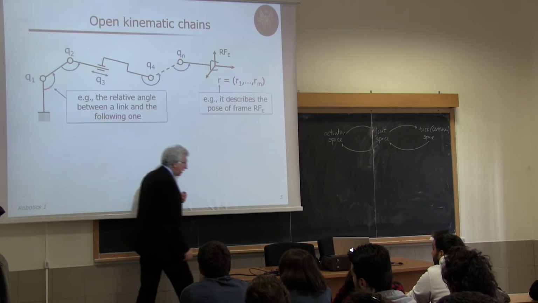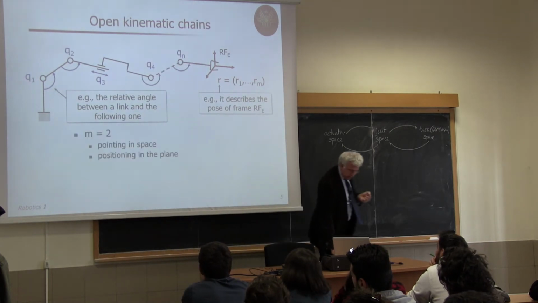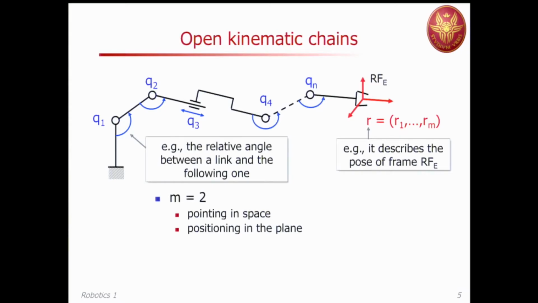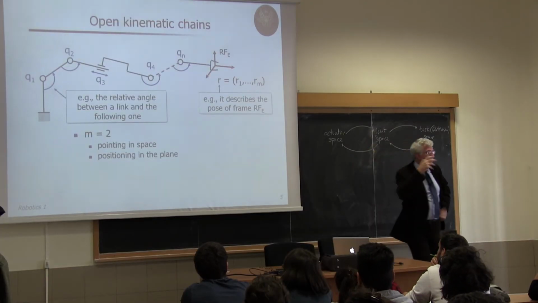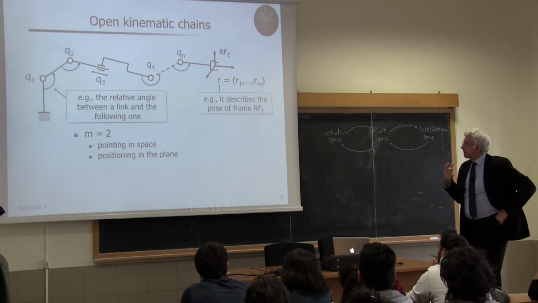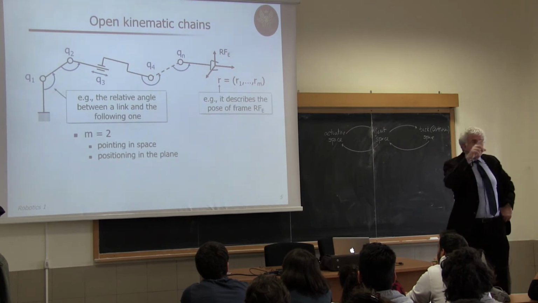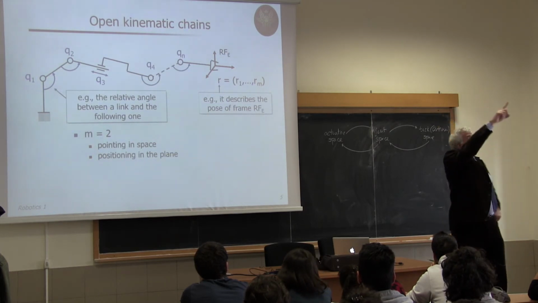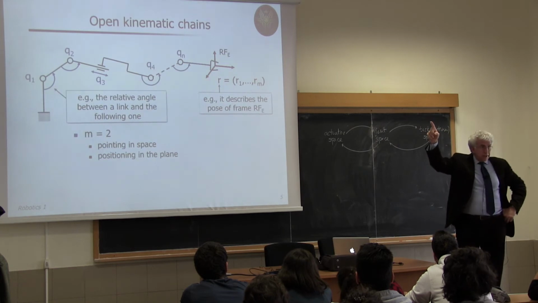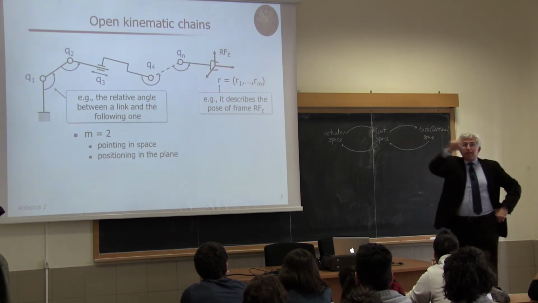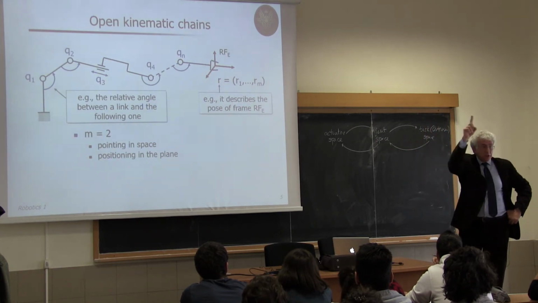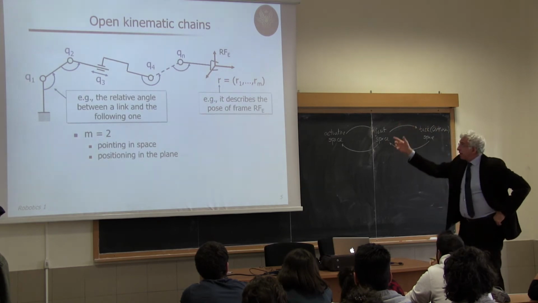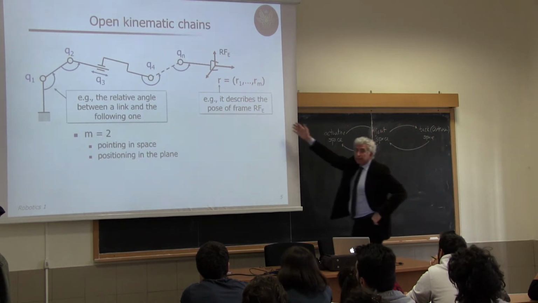Now, here are a couple more examples. For instance, if my task, in the Cartesian space but in a generic space, is to point with my end effector to a target, like a radar or a sun follower, just pointing, how many variables do I need?